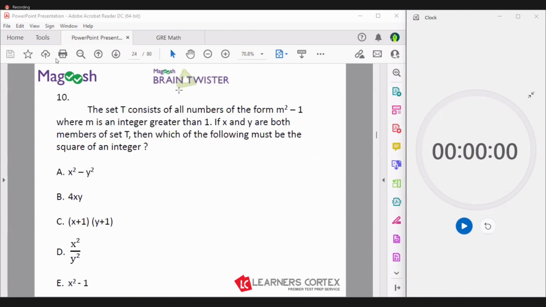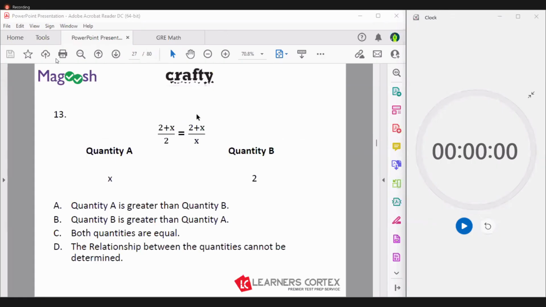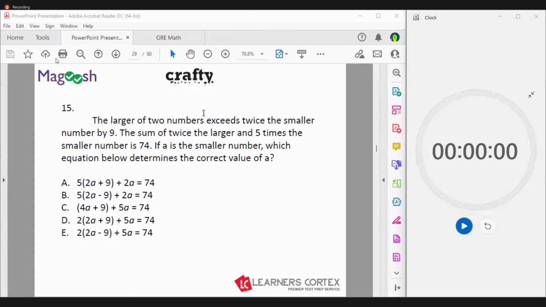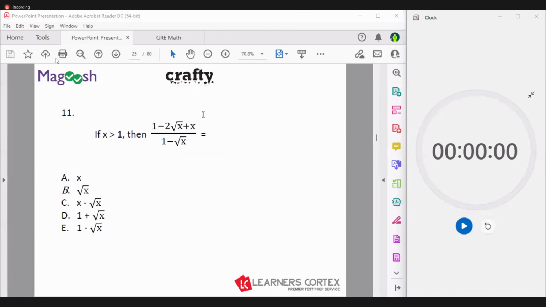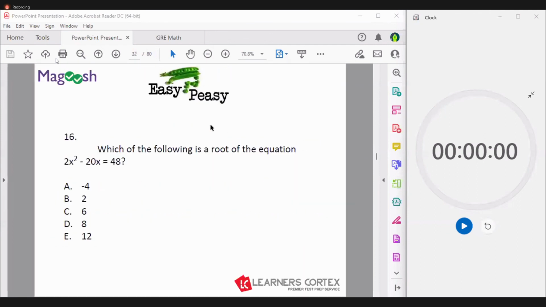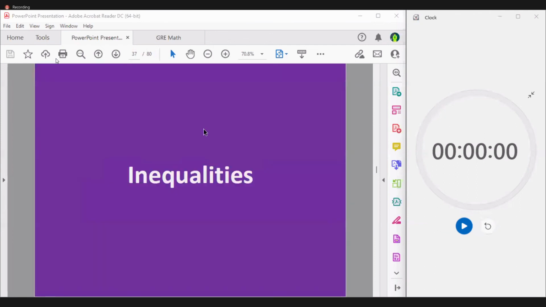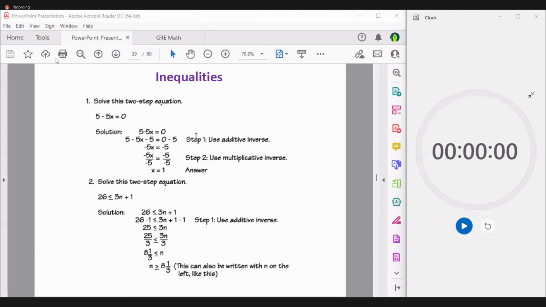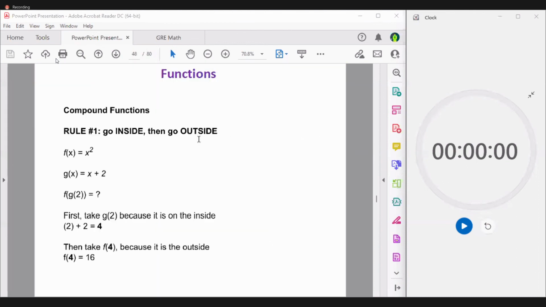Now, next question here. The set T contains all numbers of the form. This is a very interesting question. I'll actually give these questions as homework, from 10 to 15. You can take this as your homework and come up with the solutions, and then we'll discuss these questions. For tomorrow, we'll complete quadratic equations, then we'll complete inequalities, as well as functions.